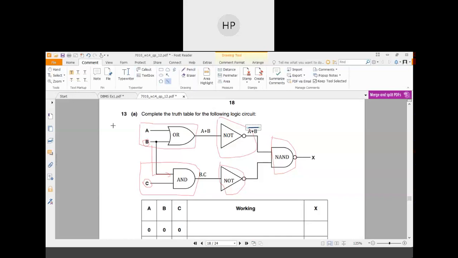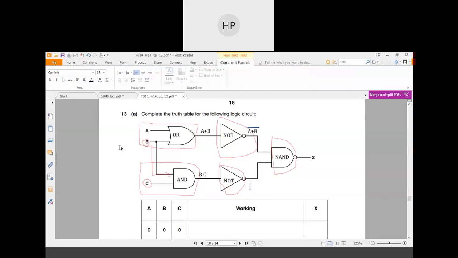You can't remember, it seems. None of you can remember these things now. Right, A plus B, when it inverts, becomes A plus B bar. Then focus your attention on B dot C. What happens when it goes through the NOT gate?